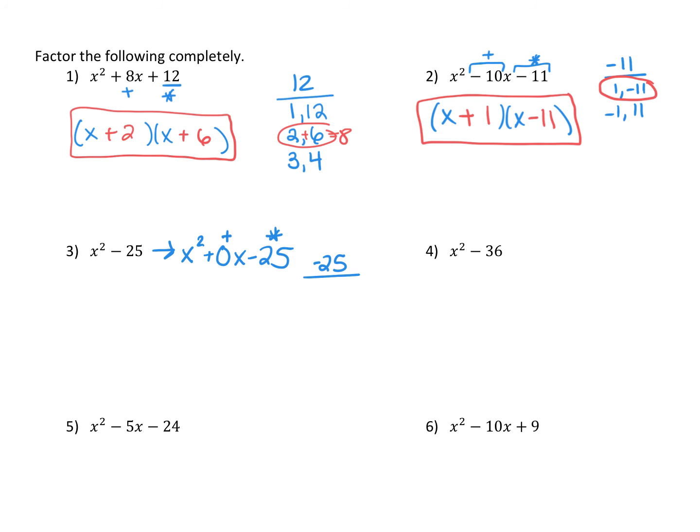If I think about negative 25: negative 1 and 25, 1 and negative 25, or negative 5 and 5. It's those negative 5 and 5 that are going to give me what I'm looking for, because negative 5 plus 5 adds to 0, but multiplies to negative 25.